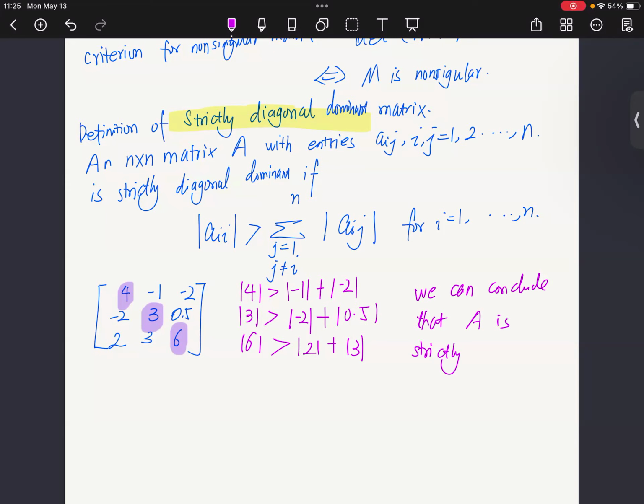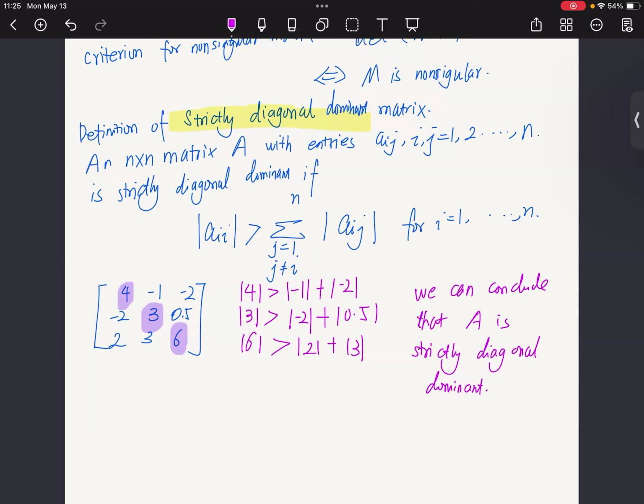It's quite obvious from the name. For strict, we have the bigger-than side, but there's no equal side. And diagonal dominant means that the diagonal element dominates the rest of the elements in the same row. And this is the definition of a strictly diagonal dominant matrix.